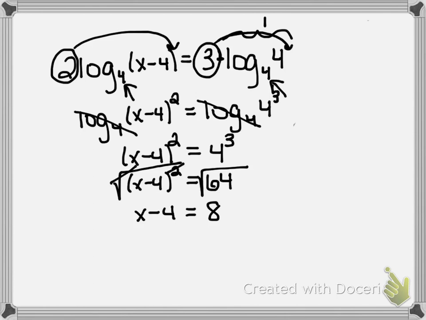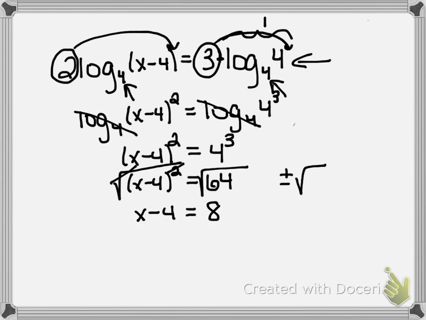Normally when you do that, you would want to remember to do plus or minus when you square root, but remember we are solving a log equation, and we know that negative numbers don't work when you put them inside of logs. If you wanted to be on the safe side, you could do the plus or minus, but the negative answer you generate will end up not working in this log equation.